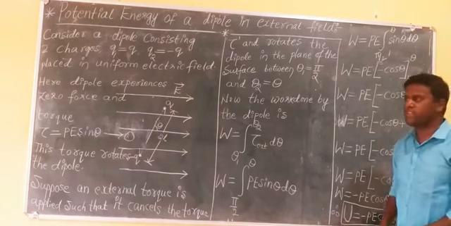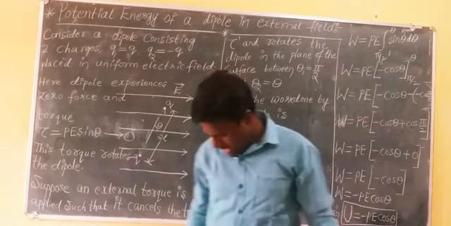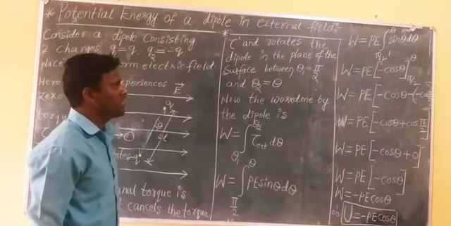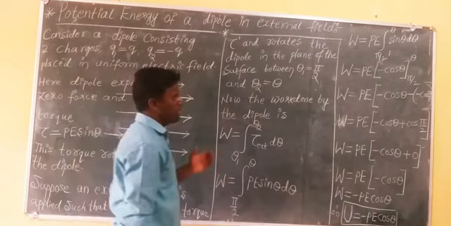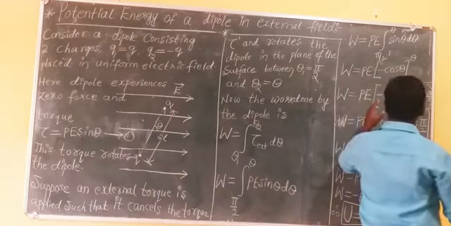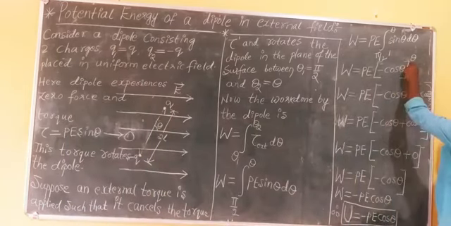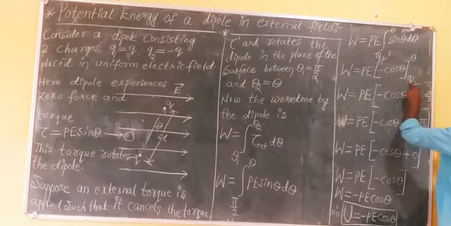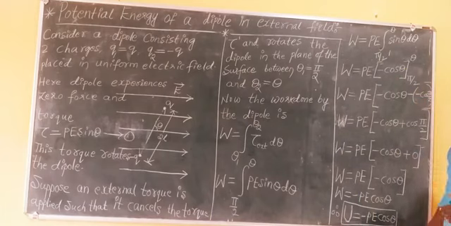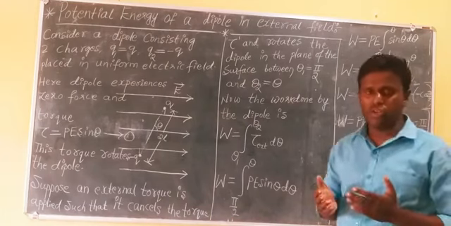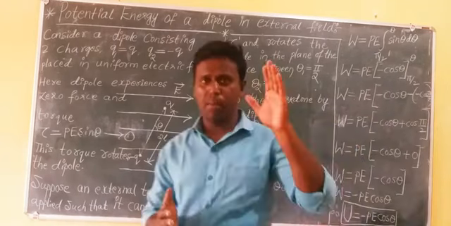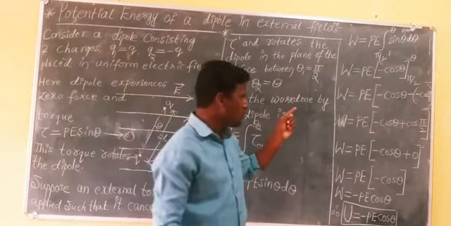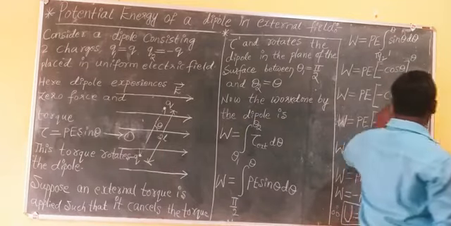What is the value of integration of sin theta? It is minus cos theta. Applying the limits pi by 2 and theta: first the upper limit is taken, and for the lower limit a negative sign is given between the two terms.